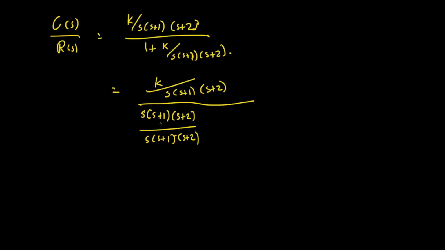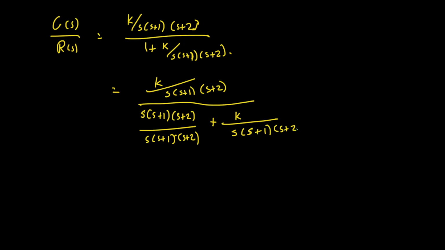If you want to make 1 into this, we have to multiply top and bottom with the same thing. Why do we bring it to this form? Because then we can add them together and make it simpler. The other term remains the same, k over s times (s + 1) times (s + 2).